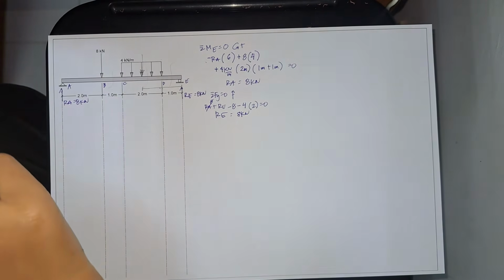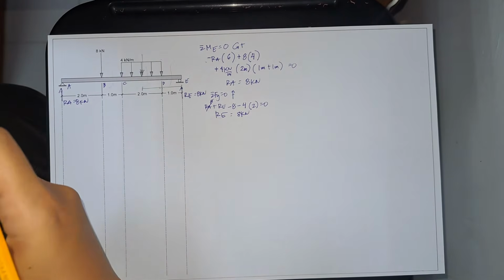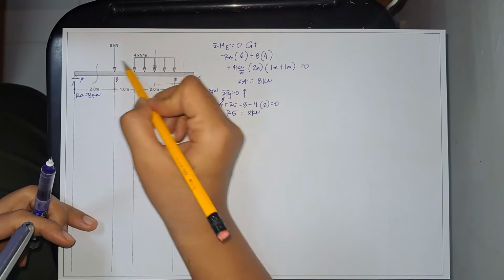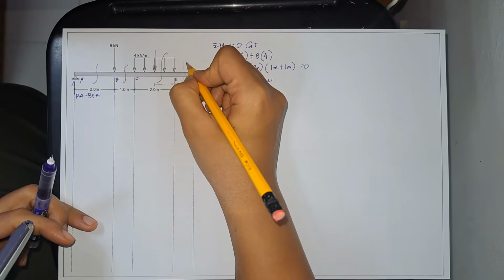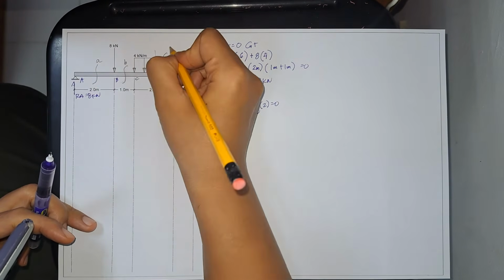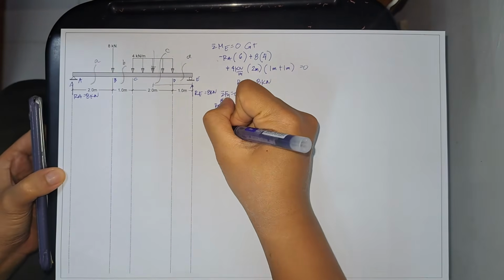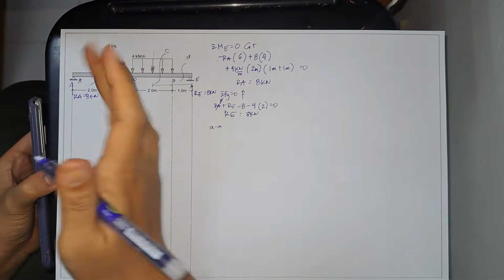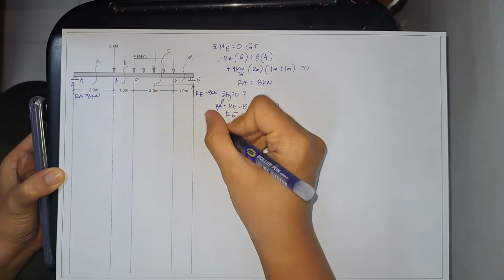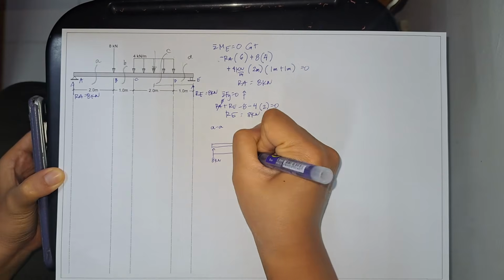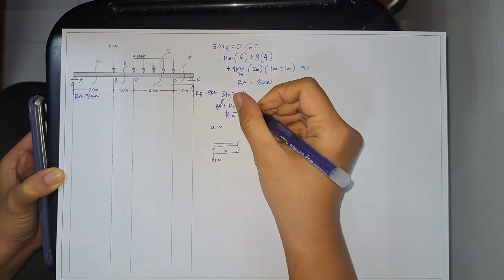And then, identify na po natin yung section. So, for this one, we will be having 4 exploratory lines. So, A, B, C, and D. Okay. So, for AA, kunin natin yung nasa left. This is 8 kilonewton. Distance x.